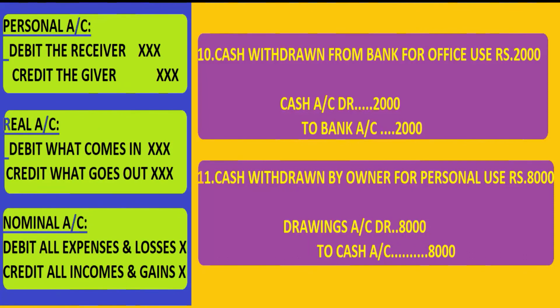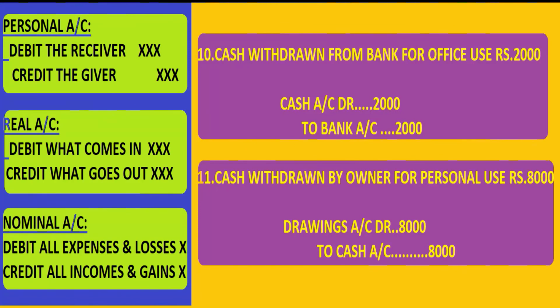The 10th transaction is cash withdrawn from bank for office use rupees 2000. What are the two aspects? One is cash and second one is bank. Bank is giving us and cash is coming into the business. Bank is an artificial person.